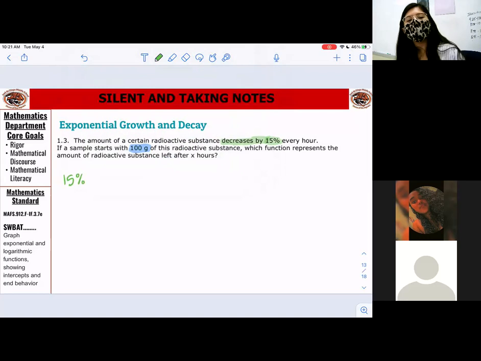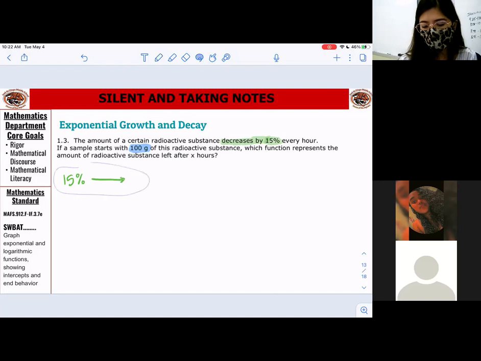So I know it's going down by 15%, but anytime I have a percentage, if I want to use it, what do I have to do to it? Lauren says 0.15. What did Lauren just do? She turned it into a decimal. So that's the first thing you always got to do.